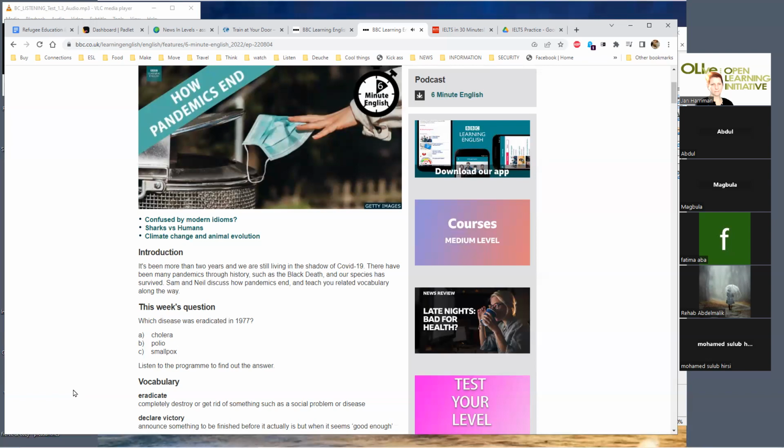When enough people do this, we declare victory, a phrase meaning to announce something to be finished before it actually is, but when it looks good enough. The danger is that we declare victory prematurely, too soon, before it's the best time to do so. Professor Christakis uses another idiom for this, to bury your head in the sand, meaning to deliberately refuse to accept the truth about something you find unpleasant.